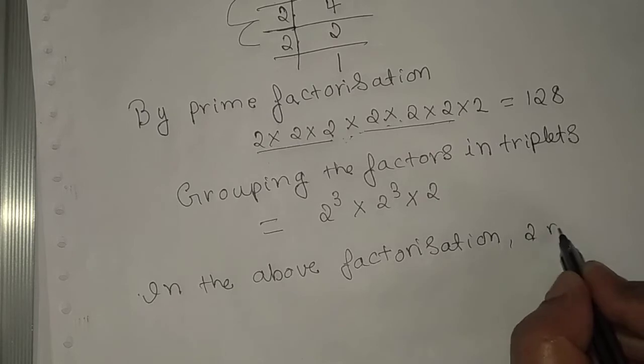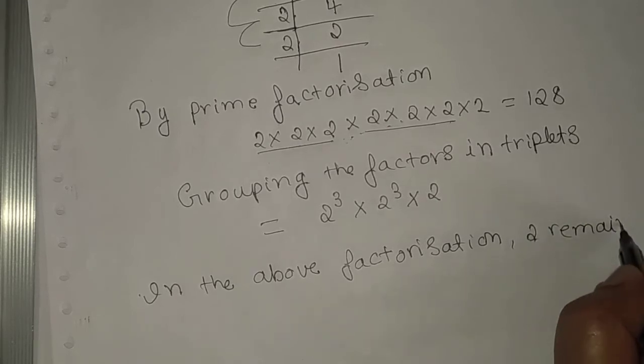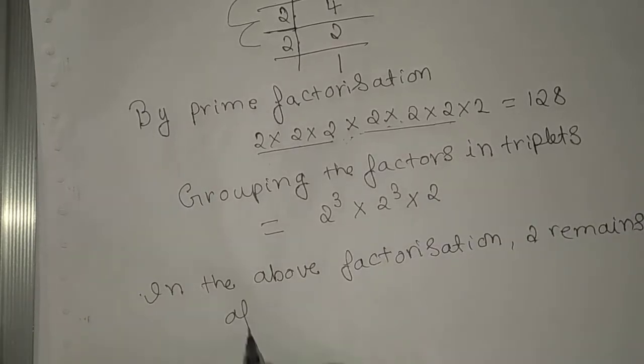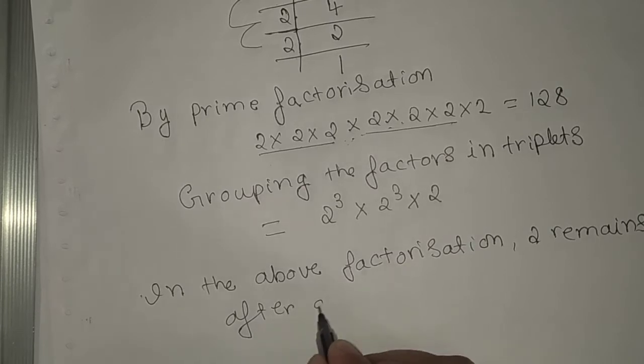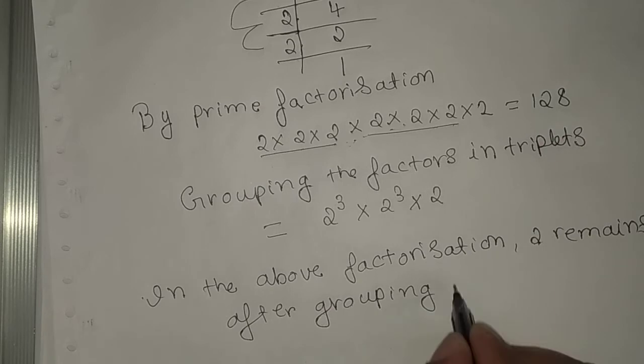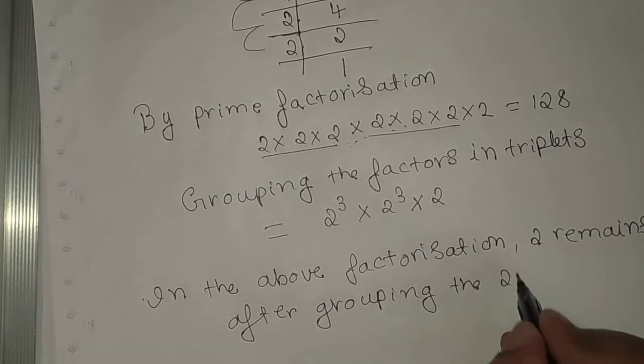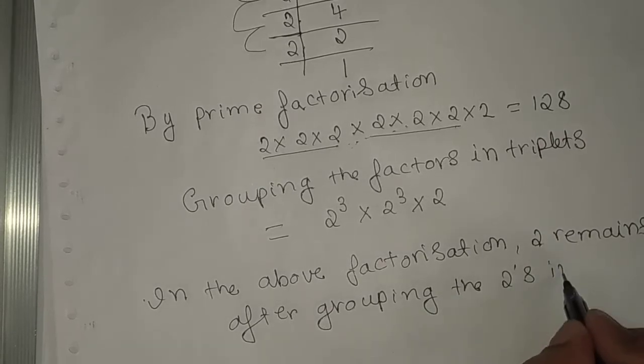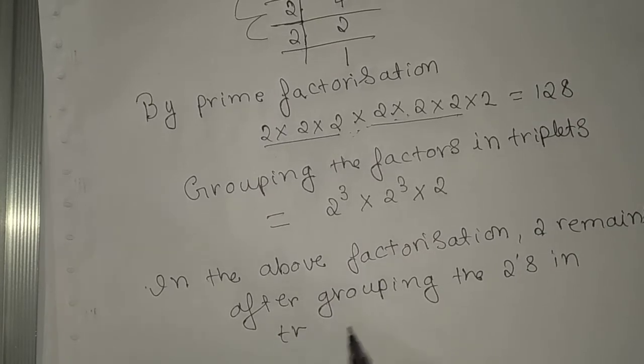2 remains after grouping the 2's in triplets.